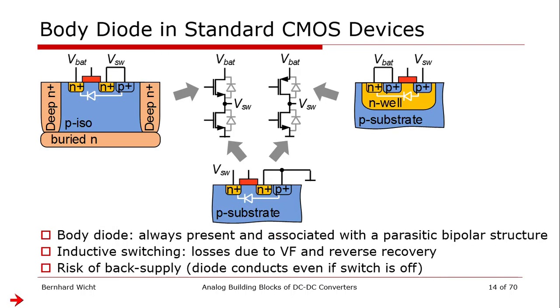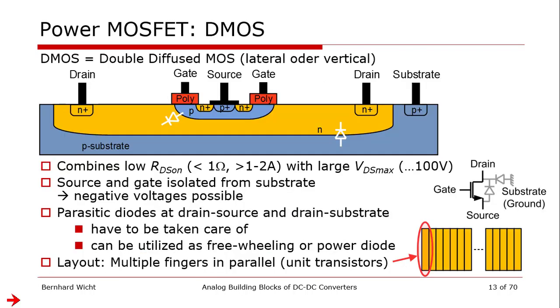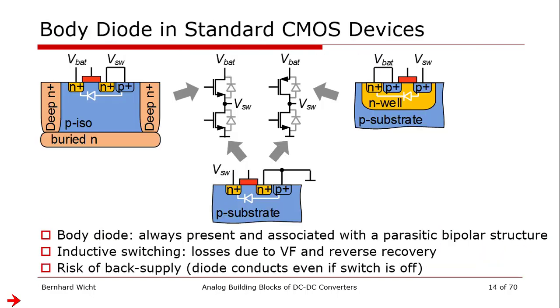The body diode is always present, even for regular transistors, standard CMOS transistors. We would also have the body diode as indicated here on this slide. So if you form a half bridge of 2 N devices or P and N, there's always the body diode as indicated here. And this is important because sometimes the output voltage exceeds the battery supply voltage, and we may get some kind of back supply through the body diode.